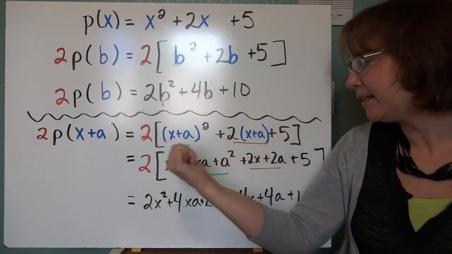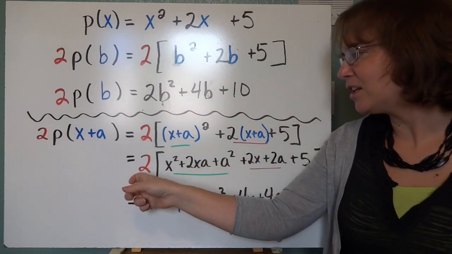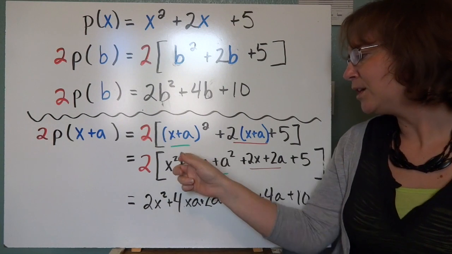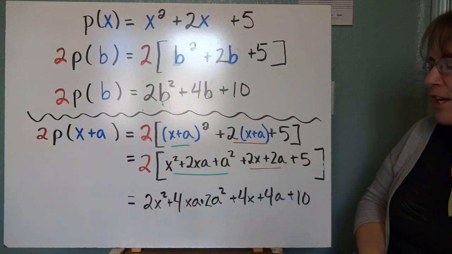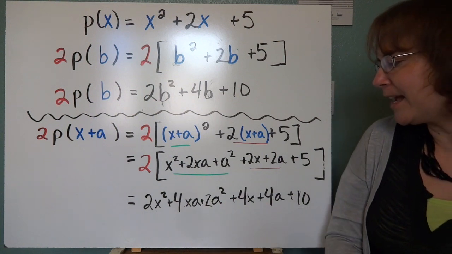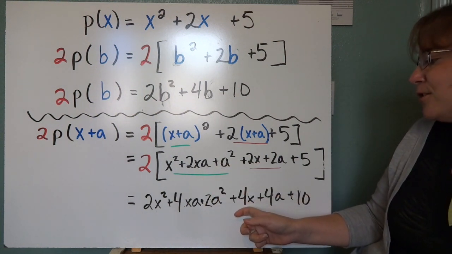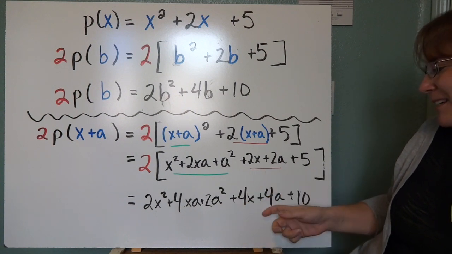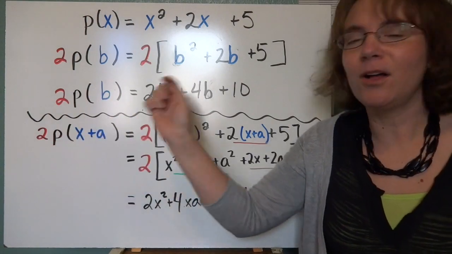Now, I'd like to combine like terms, but I have no like terms in here at all. So I'm just going to distribute my 2 to every single term here. And I have a total of 2x squared plus 4xa plus 2a squared plus 4x plus 4a plus 10. And there you have it, all put together.